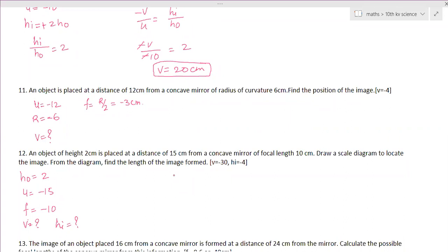Yes, right. Minus 30. Is the height of the image minus 4? Very good, right? Ma'am, V is minus 30 and the height of the image is minus 4. Yes, right.